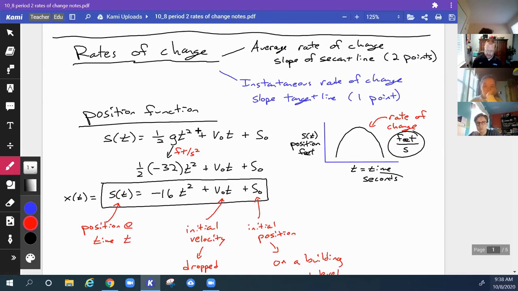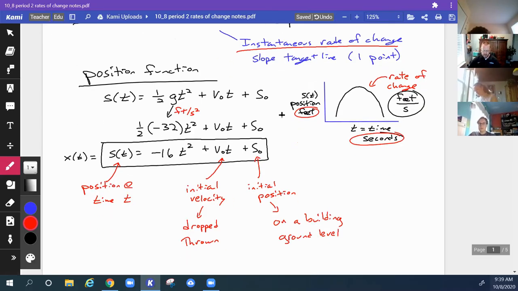With this function, I can calculate an average rate of change or an instantaneous rate of change. My units for that rate of change, if I'm dealing with feet on the y-axis and seconds on the x-axis, remember, slope is change in y over change in x. So I'd be looking at feet per second.